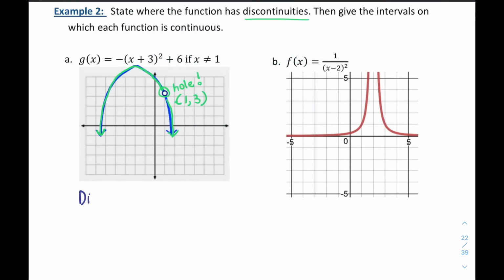So there's a discontinuity there at the x value of 1, or since it's at a specific point that you know the y value of, you could also say there's a discontinuity at the point (1, 3). If you look at your other function f of x, well, it's continuous, going, and then I kind of have to jump over to get to the other half of my function, and then I can start redrawing.